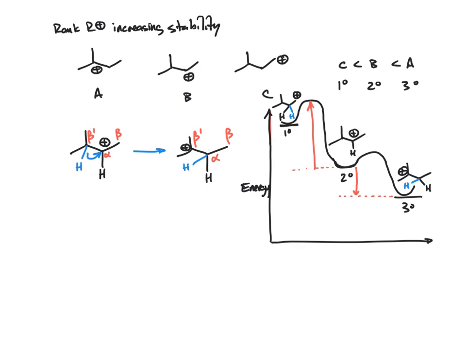So that's a way to visualize what those rankings mean when we talk about the general order of carbocation stability.